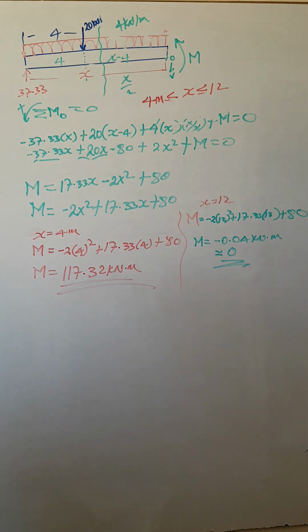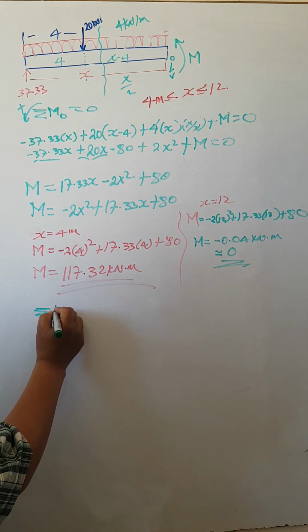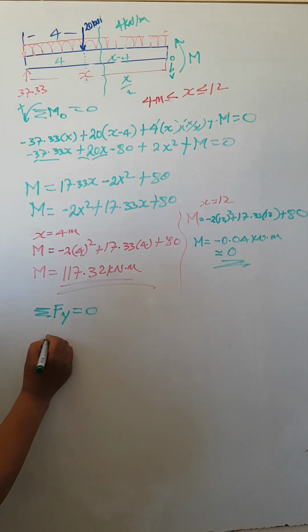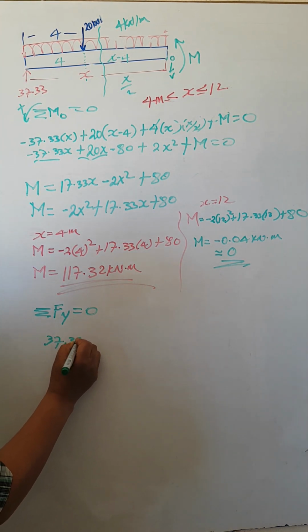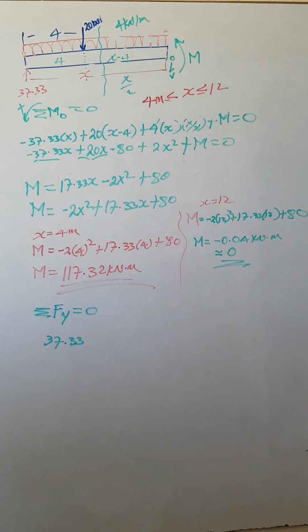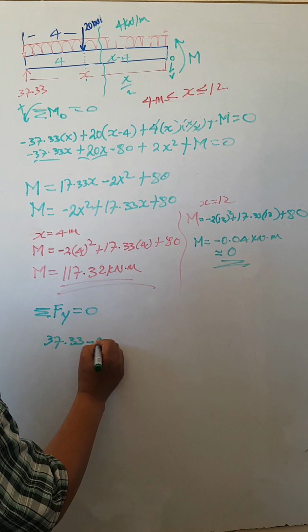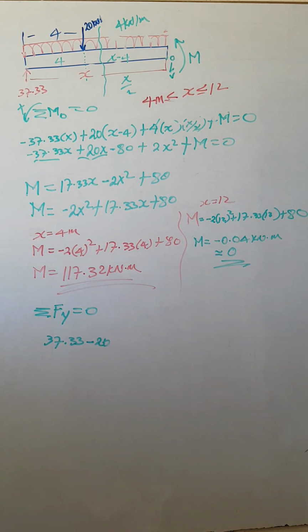As we can see here, the summation of force along y is equal to 0. We have an upward force of 37.33 kN. What else is there? We have a downward concentrated load of 20 kN.